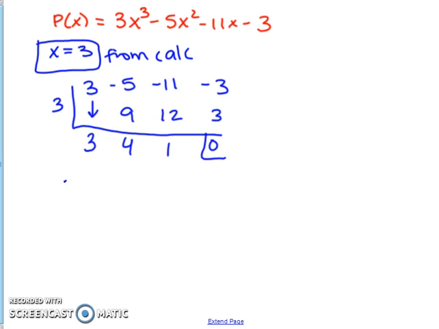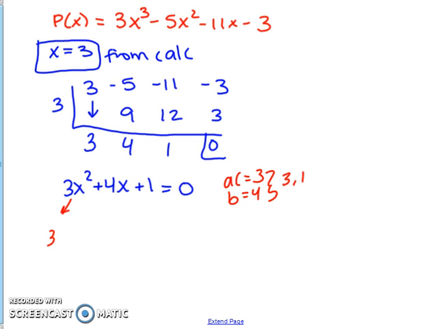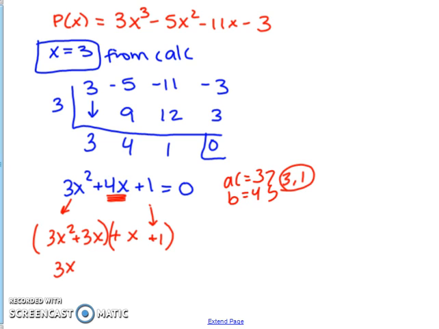So then I have 3x squared plus 4x plus 1 equals 0. So now I can factor this. AC is 3 and B is 4. So two numbers that multiply to 3 and add to 4. We're going to use 3 and 1. So 3x squared comes down, 1 comes down. Rewrite 4x using our two factors, so 3x and 1x. I can group these now. I'm going to take out my GCF here, which is 3x.